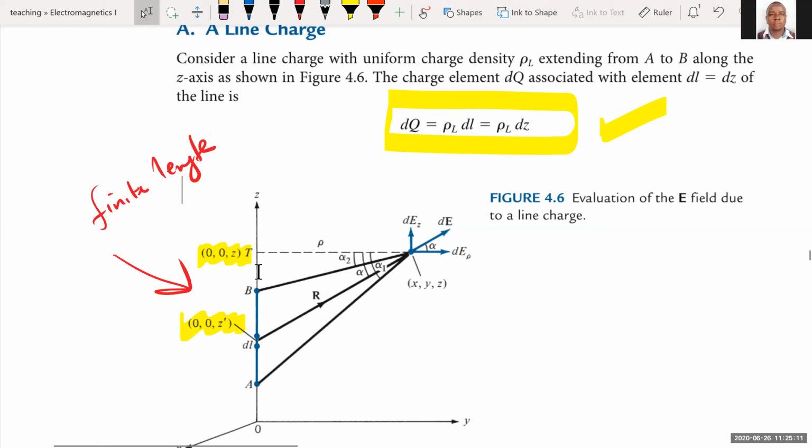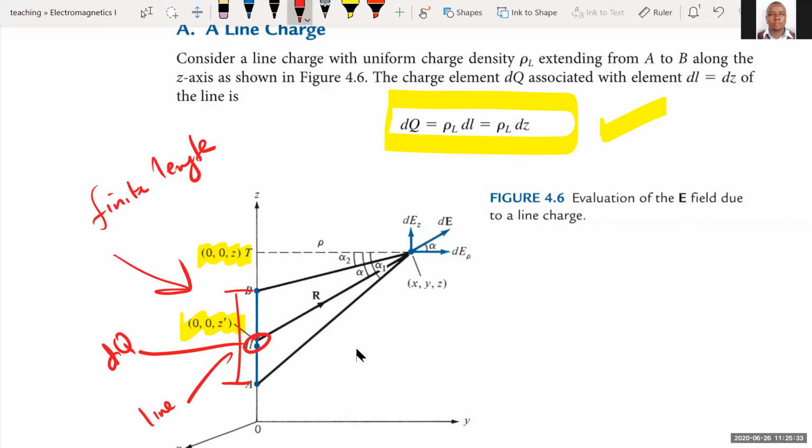This is not the whole line; the whole line is from here to here, but the one I have circled is the line element that has charge dq. So notice that clearly, without confusion.